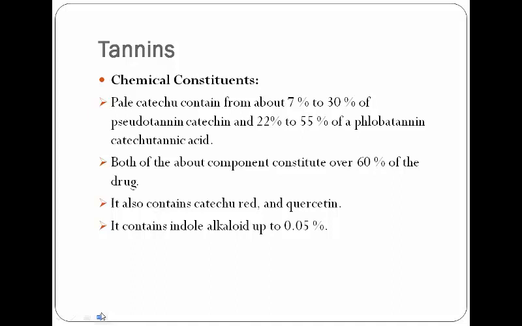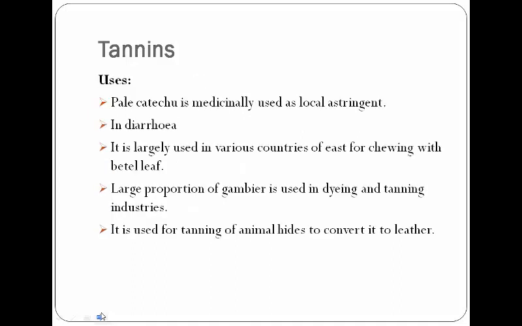That is why the drug is tannin containing, or has a rich content of tannin. It also has catechu red and quercetin. Quercetin basically is a flavonoid. It also has a minor quantity of alkaloid, that is indole alkaloid, which constitutes about 0.05% of the drug.